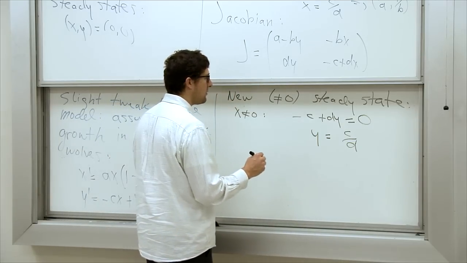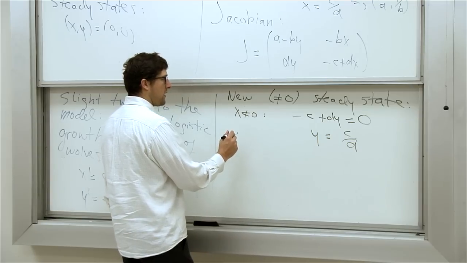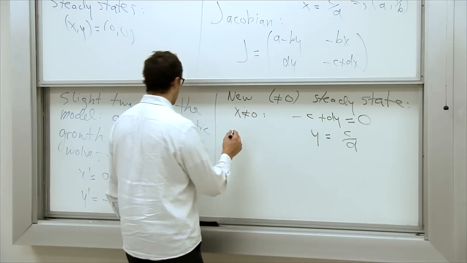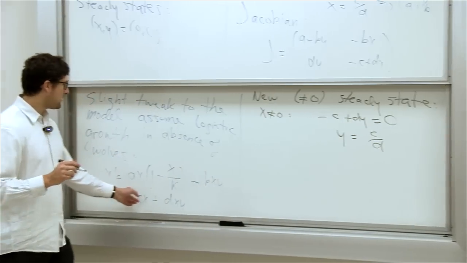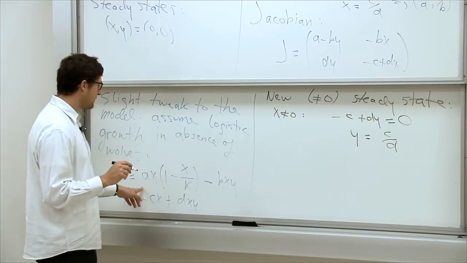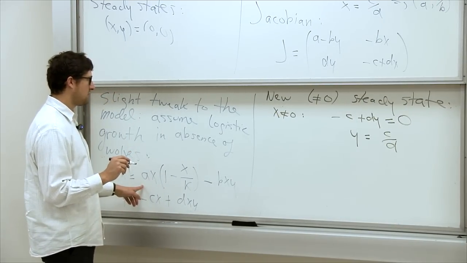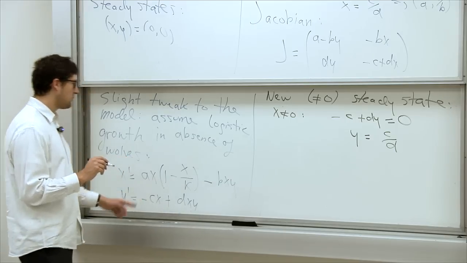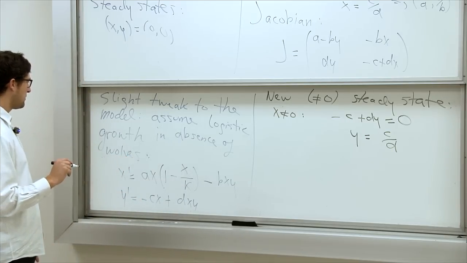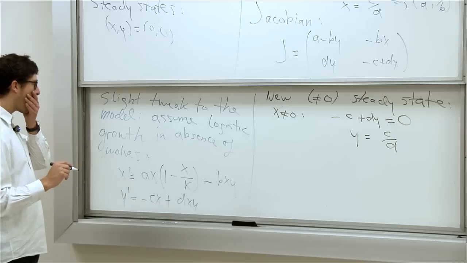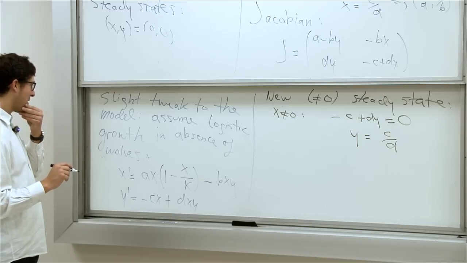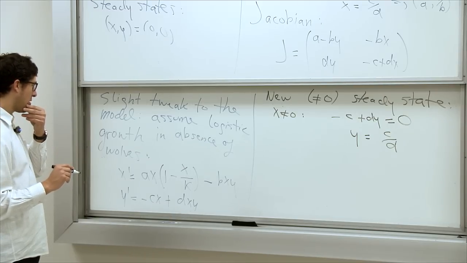What about the other steady state? Well, the other steady state is a little more complicated. Now we have that, oh, I see. It should be negative cy, not cx, dy, for y prime.